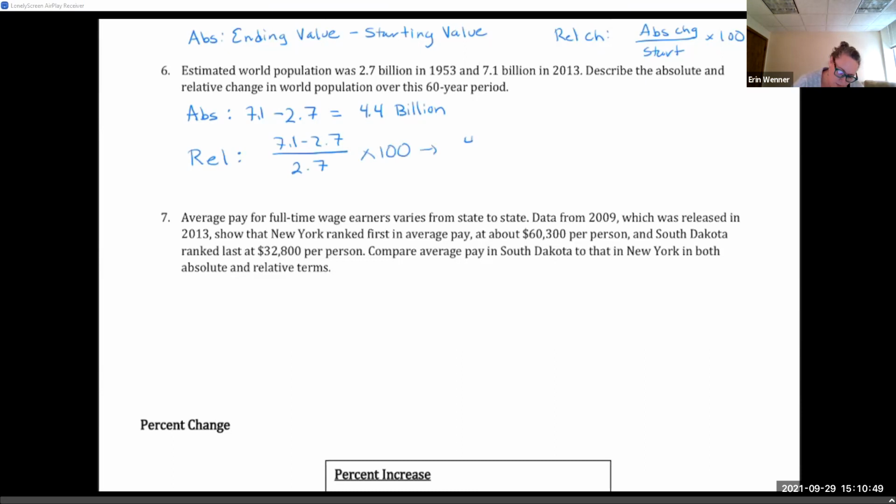So we have 4.4 over 2.7 times 100, because again, 7.1 minus 2.7 is 4.4. We times by 100. Do not round your answer until you've converted it to a percent.